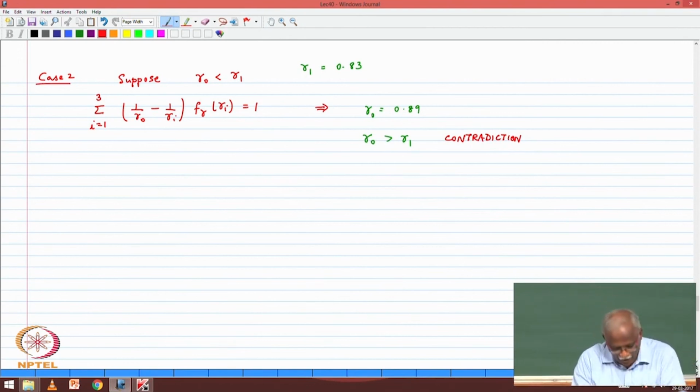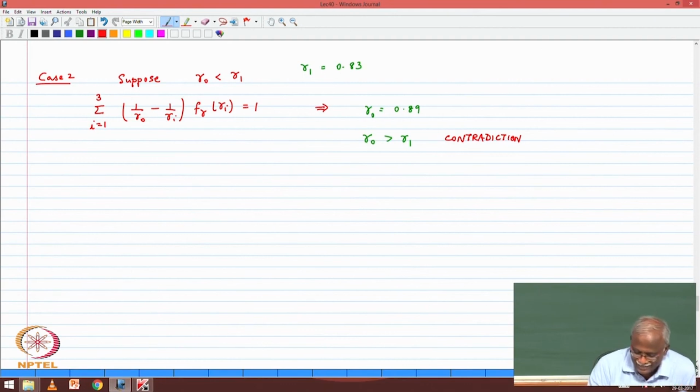So which means that I cannot in principle do water filling for this case, because I cannot find a gamma naught. Okay. So it's very important that we choose gamma naught such that I get a valid gamma naught, because getting a valid gamma naught is a prerequisite for me to do water filling. If I don't get a gamma naught, then I don't get a water level, then I can't do water filling.